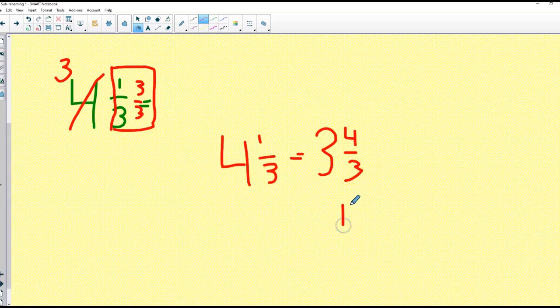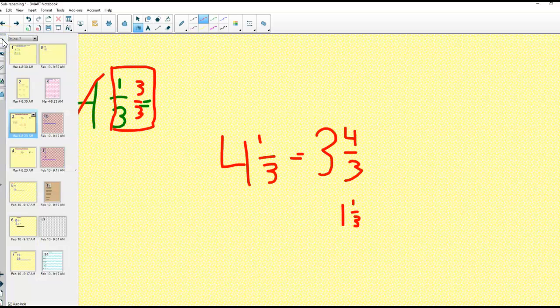This improper fraction is worth 1 1/3, right? If you change that, plus the 3 gives you the 4 1/3 that we started with. So think about what we did here. We took 1 away from the whole number. We kept the same denominator and we made it worth 1 whole. So 3/3 here. And then when we added that, we got 4/3.